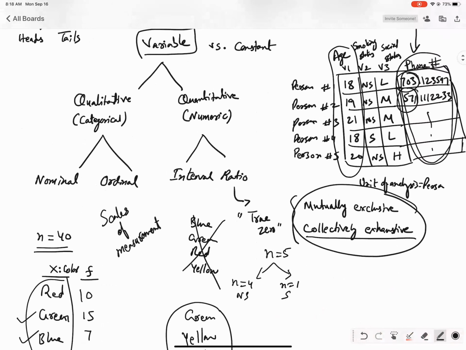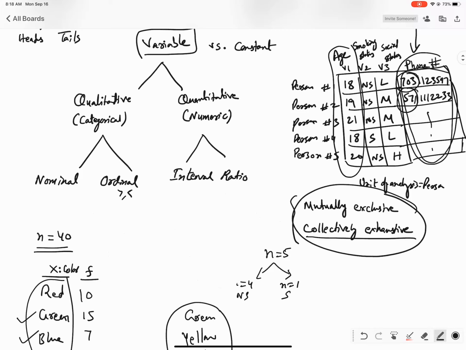So ordinal variables have values that can be compared in terms of magnitude. So we can perform operations like greater than or less than on these variables. For nominal variables, we cannot do this. For nominal variables, the only operation that makes sense is when you compare two values with each other and say whether the values are equal or not.